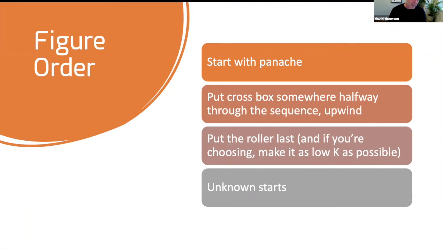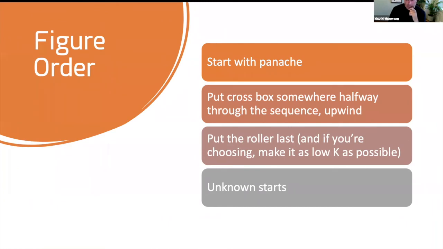The other thing I would say is I think it looks a bit more impressive if you start with a nice, punchy figure where you're making a lot of noise and going quite fast. But that's just me.